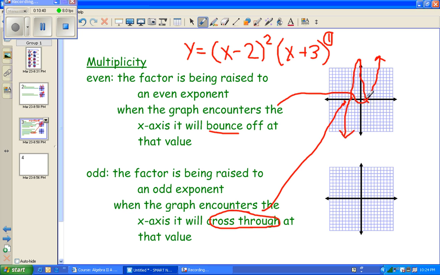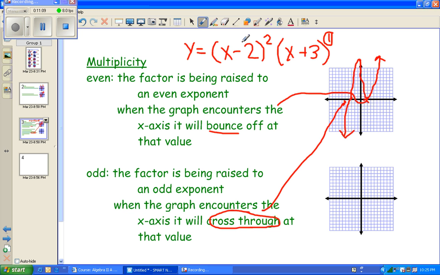What's their end behavior? Well, if this guy's going off, this end behavior goes to positive infinity, and the beginning behavior is coming in from negative infinity. You can talk about the zeros, because in factored form, each of these factors, if you solve them, would be your zero. You can talk about whether those zeros are going to bounce or cut through.